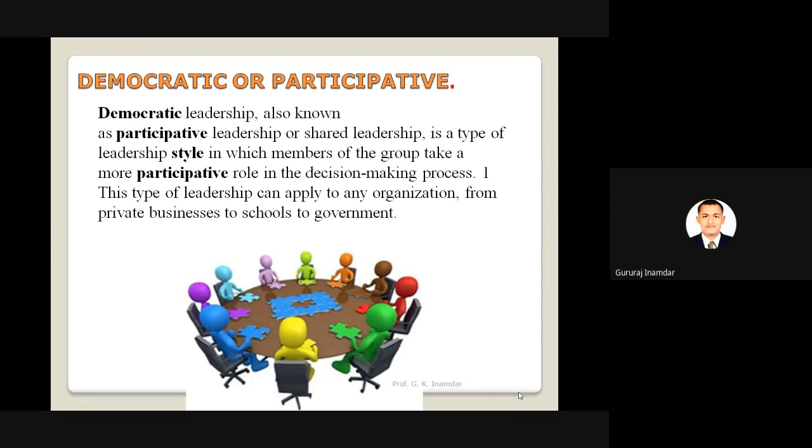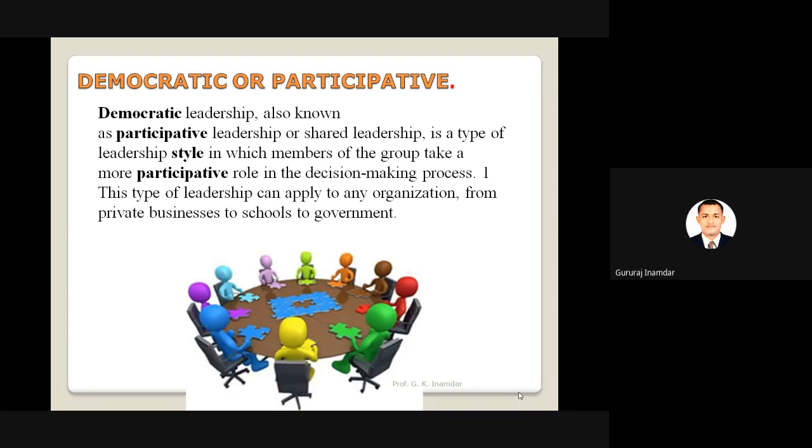This type of leadership can apply to any organization, from private business to school to government. Our nation is also democratic. Our India is a democracy.